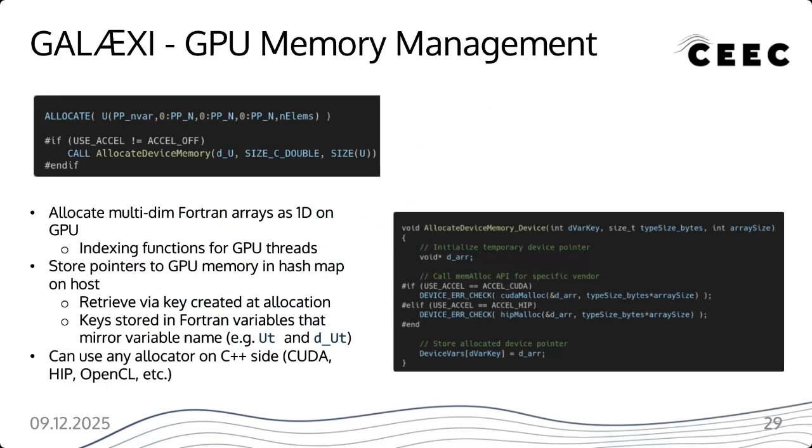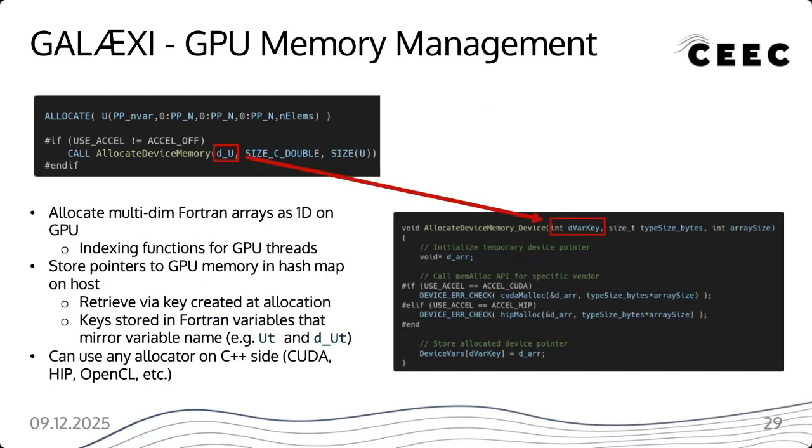Okay, so what we do is we wrap the CUDA or HIP C++ API in a Fortran wrapper, right? This is done in other ways too. We're kind of reinventing the wheel a little bit here, but we're just doing it specifically for our code. And what we do is we take our multi-dimensional Fortran arrays and we allocate them as a 1D flat array on the GPU.